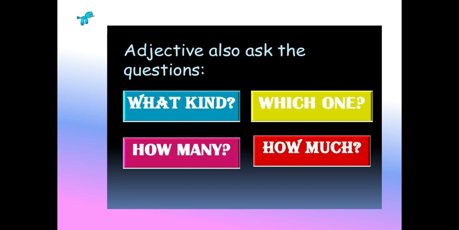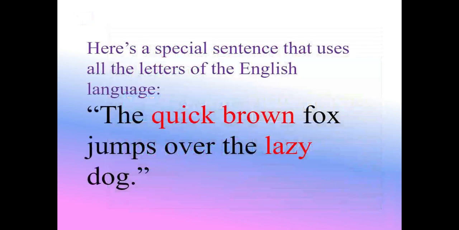Before that, let me tell you one interesting thing. Here's a very special sentence that uses all the letters of the English alphabet, and I've used this to make a sentence describing a fox and a dog: the quick brown fox jumps over the lazy dog.